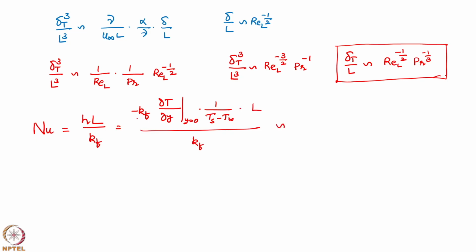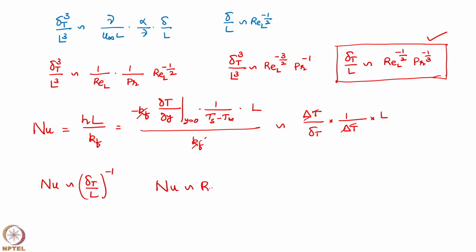This is of the order of, k_f gets cancelled out, delta T divided by delta T into 1 by delta T into L. So, this gets cancelled out. So, Nu is of the order of delta T by L to the power of minus 1. We have gotten delta T by L already. So, Nusselt number will be of the order of Re_L to the power of half Pr to the power of 1 by 3.